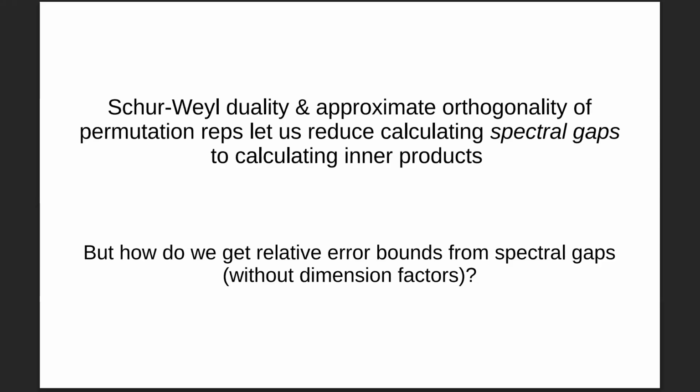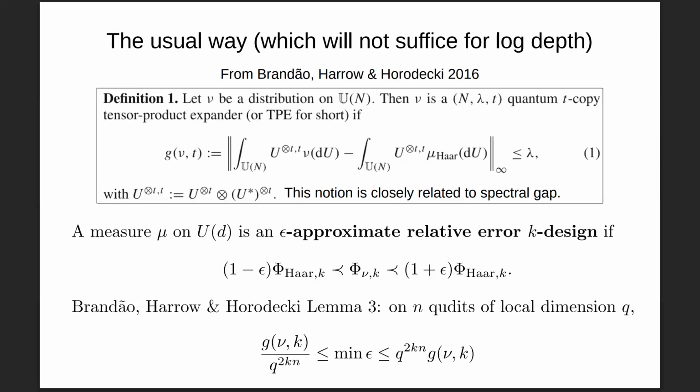And then we would ask, okay, but that's for spectral gaps. Relative error is a much more ambitious notion of convergence. The usual way, which will not suffice, to go from spectral gap to relative error was also noted in an earlier paper with Aram Harrow.